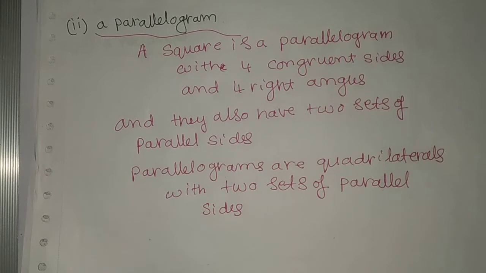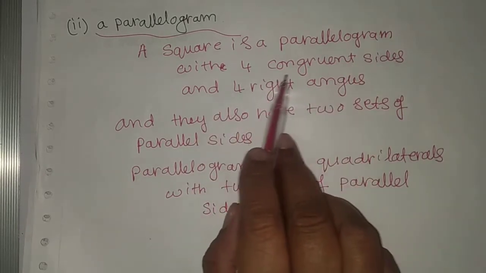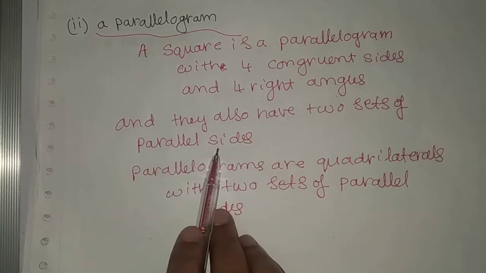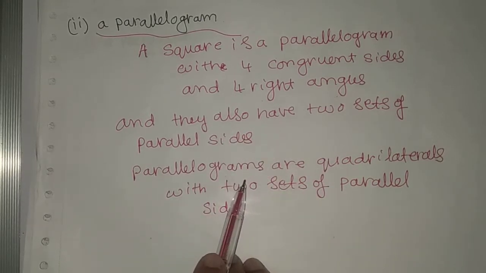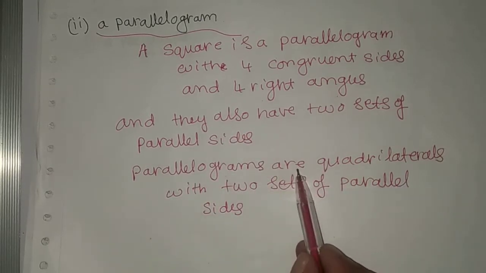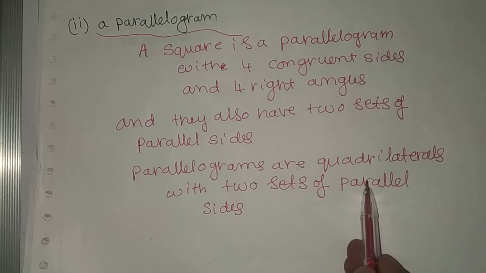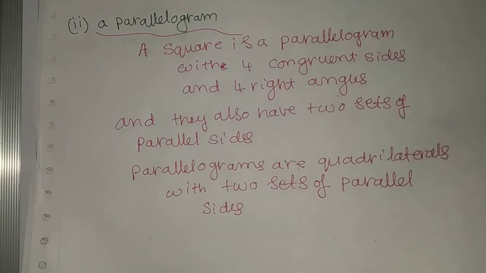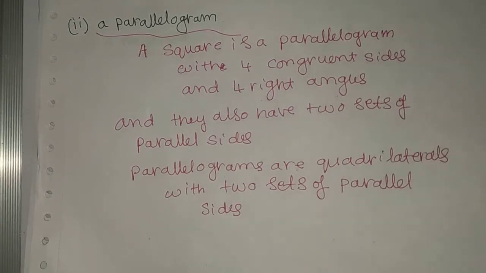So these are the few points. A square is a parallelogram with four congruent sides and four right angles. There are also two sets of parallel sides in the parallelogram. Or finally we can say parallelogram or quadrilaterals and also square with two sets of parallel sides. So these are a few points we have to write.